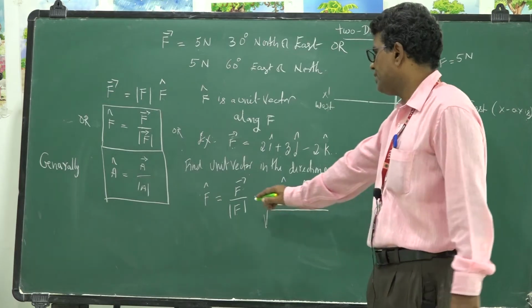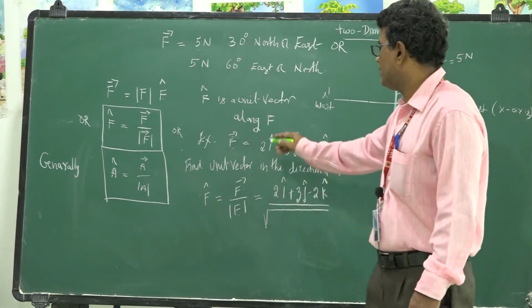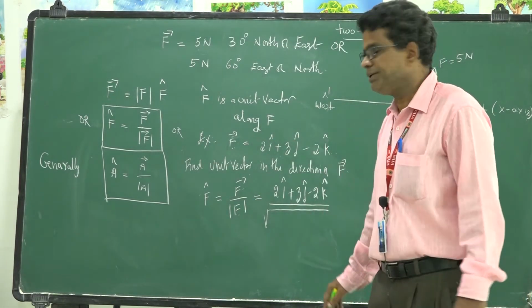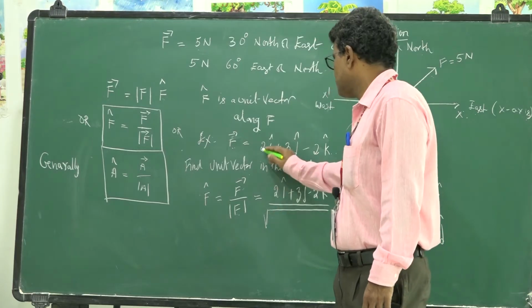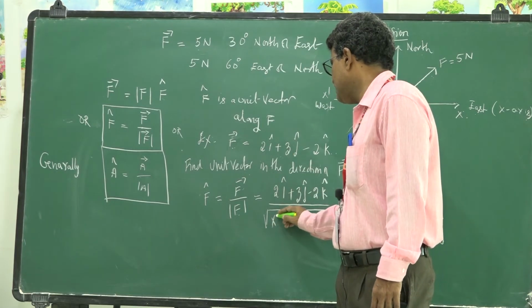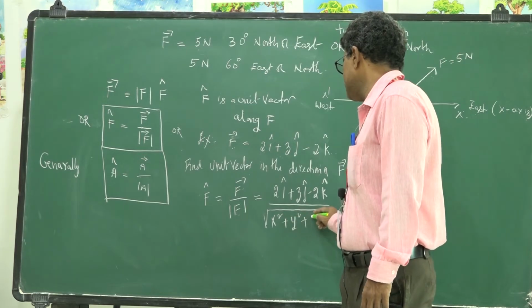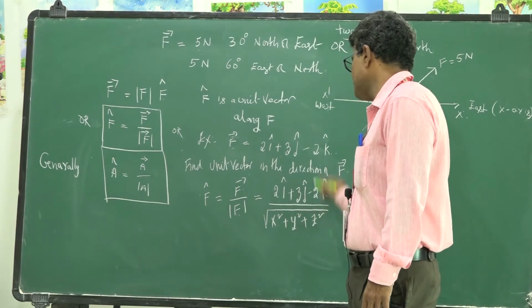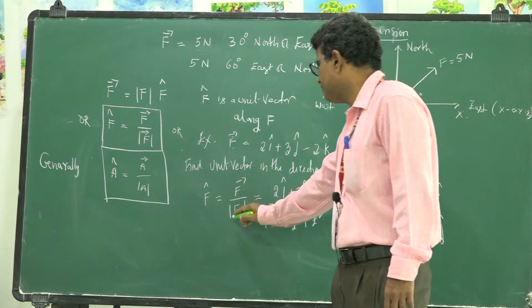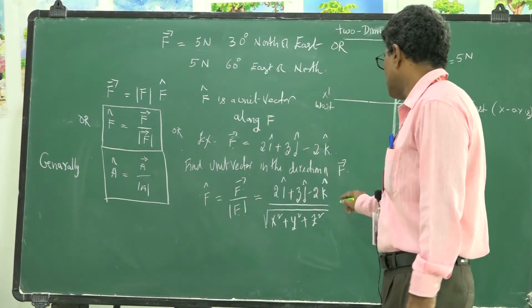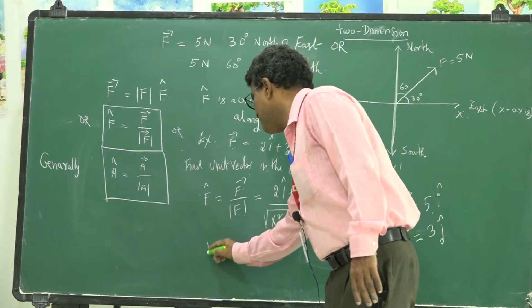What is the magnitude of F bar? From yesterday's lesson, the magnitude is the square root of x square plus y square plus z square. This is the formula for the magnitude of a vector.